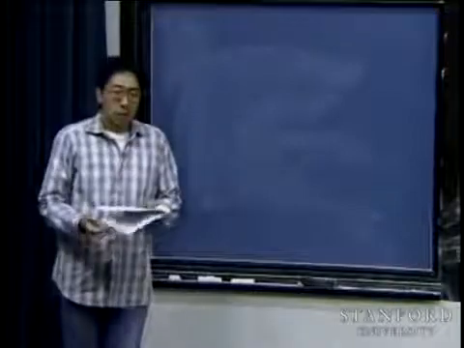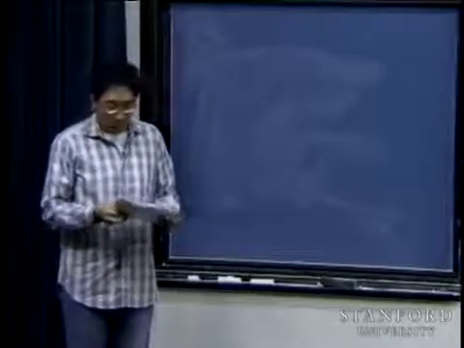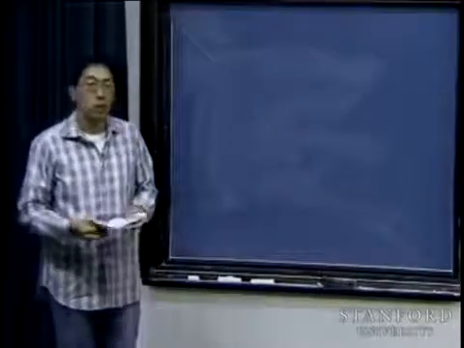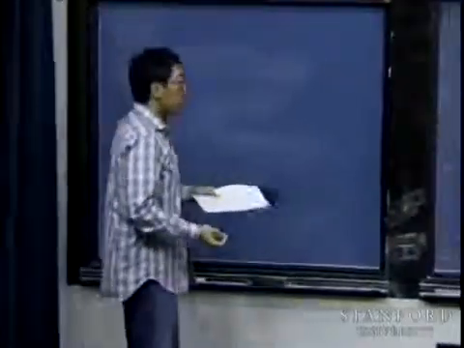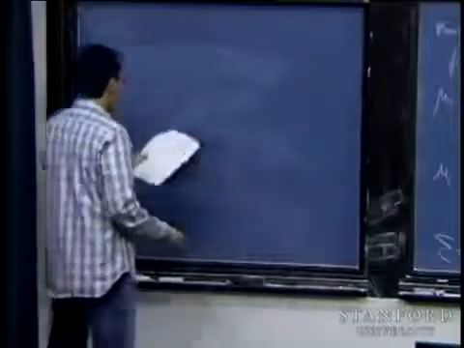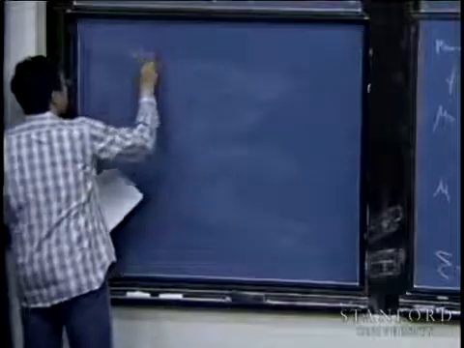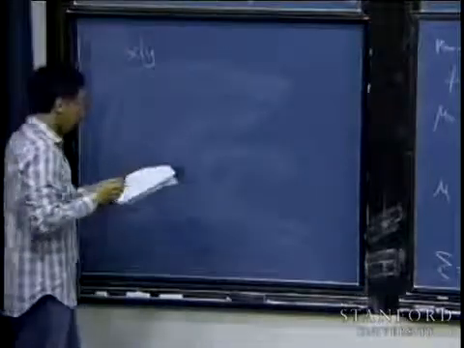So let's talk a little bit about the advantages and disadvantages of using a generative learning algorithm. In the particular case of Gaussian discriminant analysis, we assume that x conditioned on y is Gaussian.